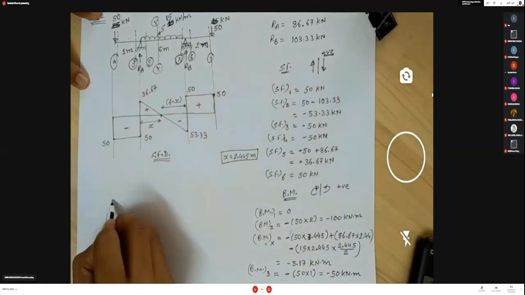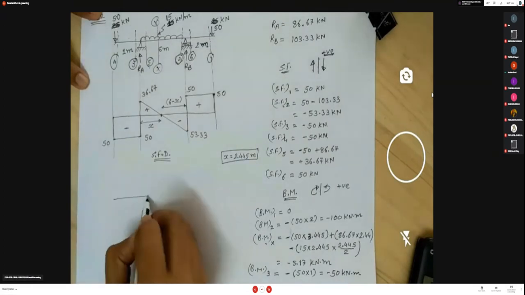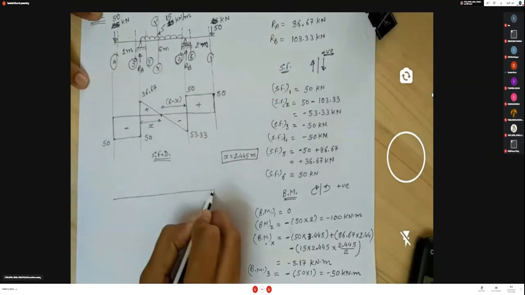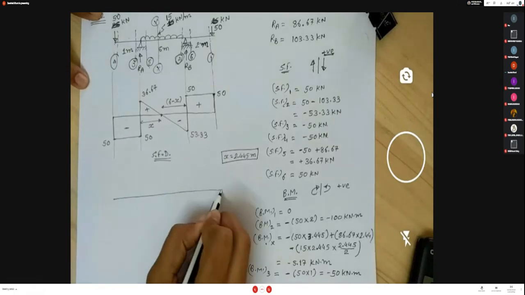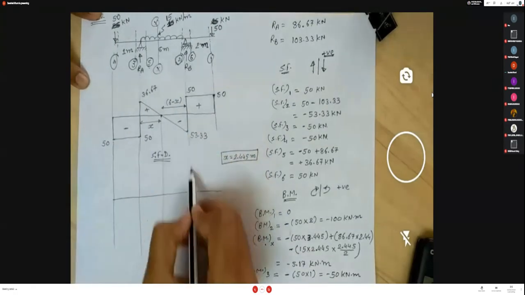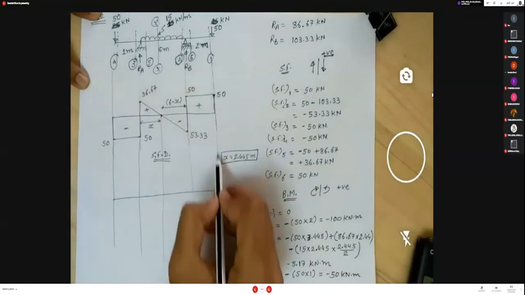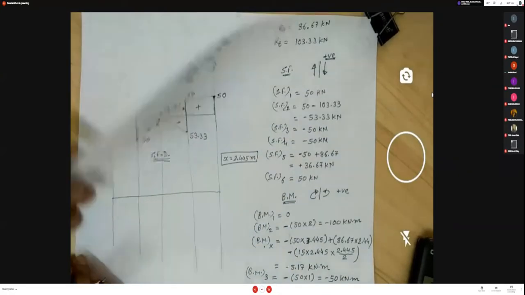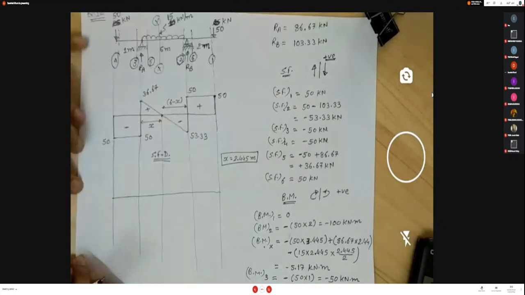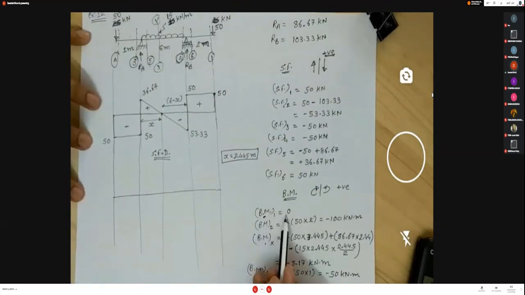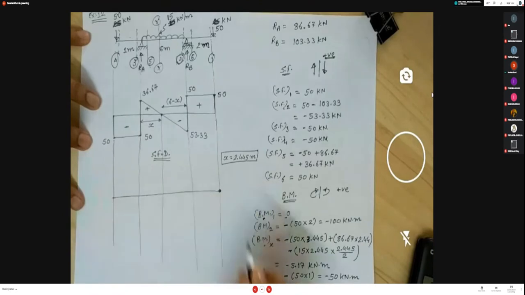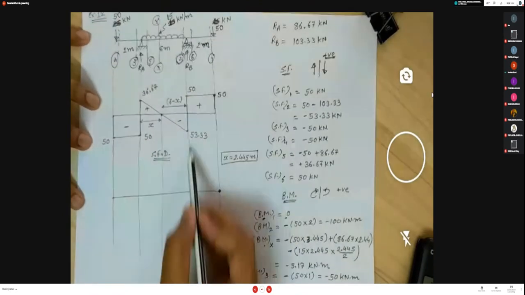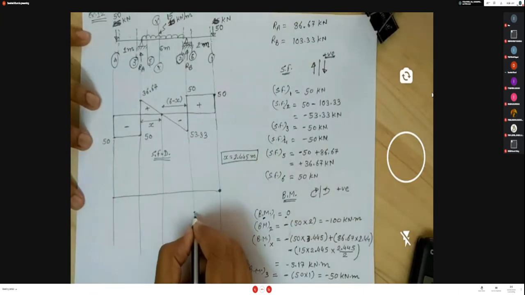Let's try to draw the bending moment diagram. Bending moment at 1 is 0, so here 0 value. Bending moment at 2 is minus 100, section 2 is here, so here minus 100.